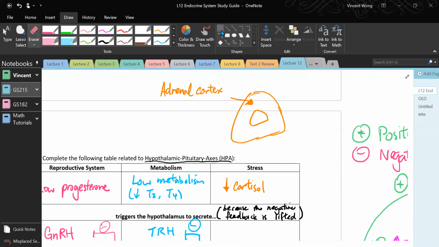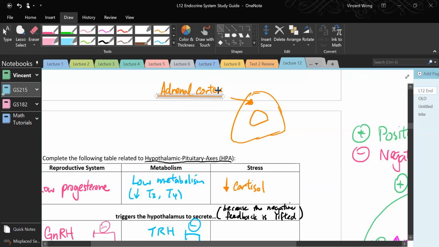This is responsible for secreting hormones related to chronic type of stress. There are two types of hormones that we talked about in the lecture, and the categories are mineralocorticoids.